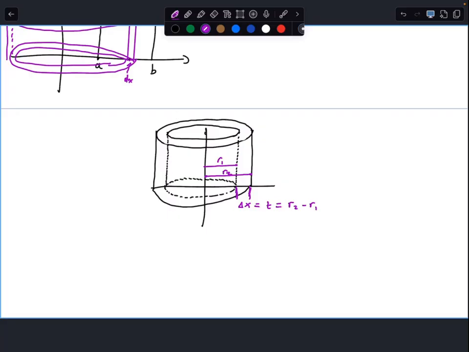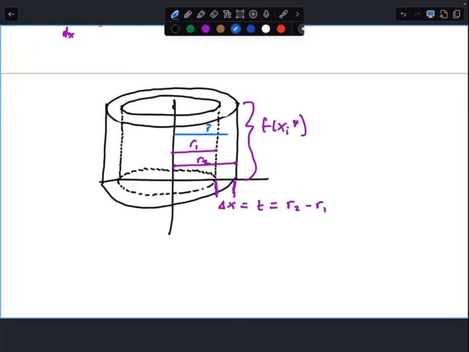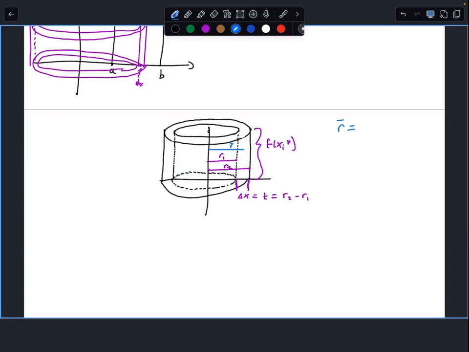And the height of the shell is f of x sub i star. Okay. Now, it should be understood where this height comes from, we need to figure out what x sub i star is. To do that, we're going to find the center of this right in here. We're going to call that the average of R1 and R2, which is R bar. So R bar is the center of R1 and R2, which is R2 plus R1 divided by 2.